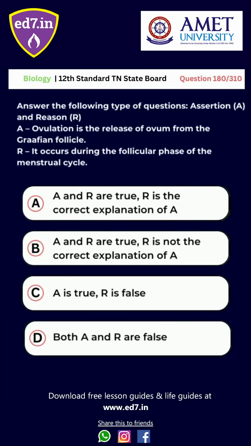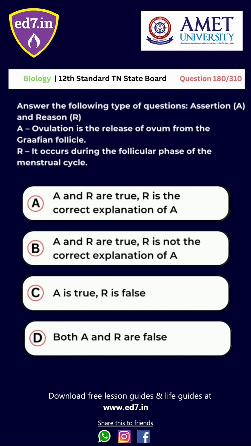Question number 180. Assertion: ovulation is the release of the ovum from the Graafian follicle. Reason: it occurs during the follicular phase of menstrual cycle. Option A. A and R are true. R is the correct explanation of A. Option B. A and R are true.